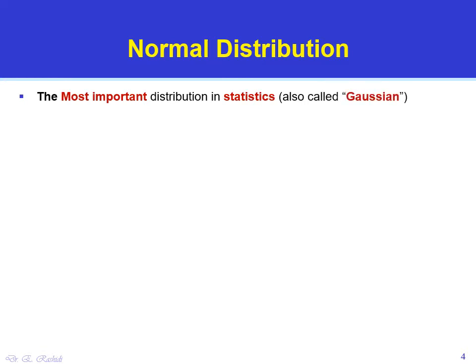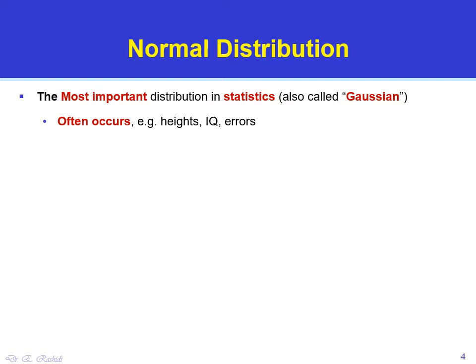Normal distribution. Normal distribution is the most popular and most important distribution in statistics. It is also called the Gaussian distribution. It is popular and important because it often occurs around us. Characteristics such as heights, IQ scores, errors, and so on, in certain scenarios, can actually follow a normal distribution.